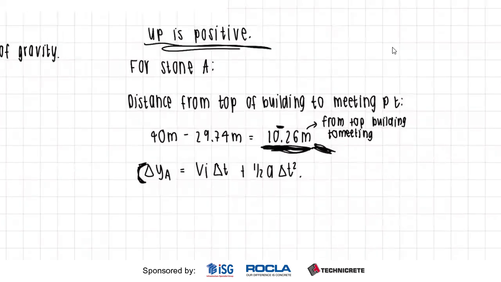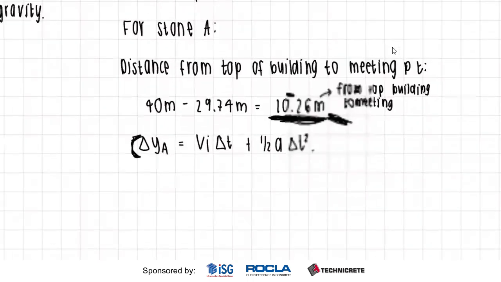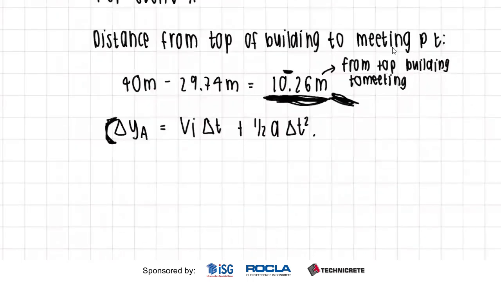If you chose down as positive, sure, you can put 10.26 meters there, but everything else then has to change. But we've set up as positive. Therefore, the change in the distance has to be negative because the ball is falling down.